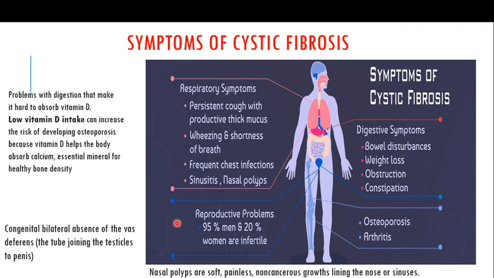Now, when you talk about the symptoms of cystic fibrosis, in my previous video, I've told you that there is a problem in a chloride ion channel in the body in case of cystic fibrosis, and that particular chloride ion channel is known as the cystic fibrosis transmembrane conductance regulator.